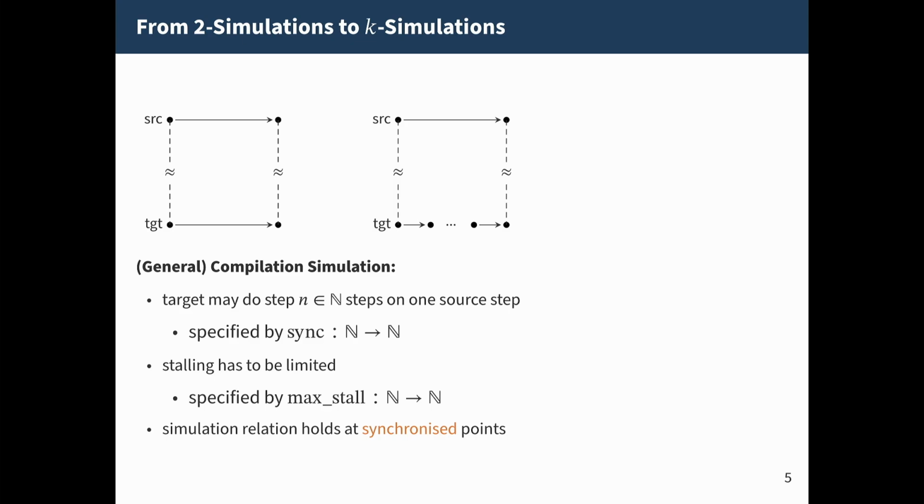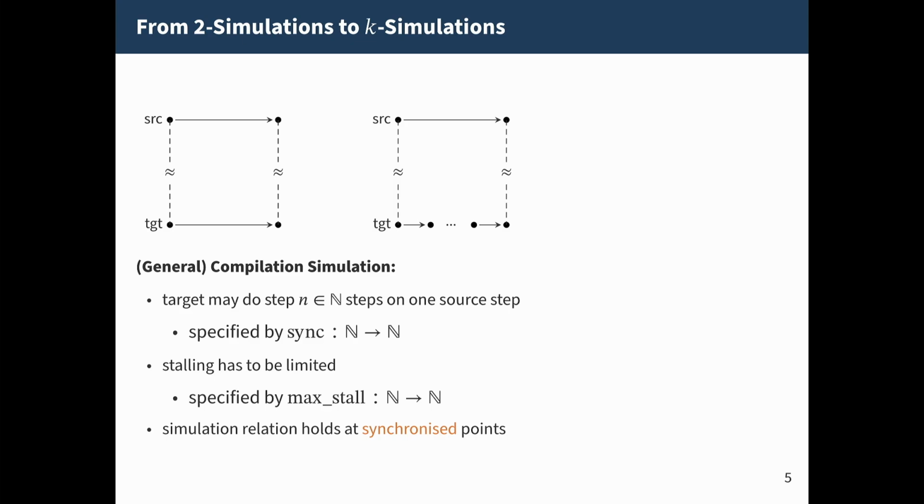This determines how many steps we have to go in the target trace. And this max stall function argues how many times we are allowed to stall on this particular spot in the target trace. We have to have this guarantee so that we really don't stall more often than that, to argue on every point in the trace. Otherwise, we might get stuck somewhere.